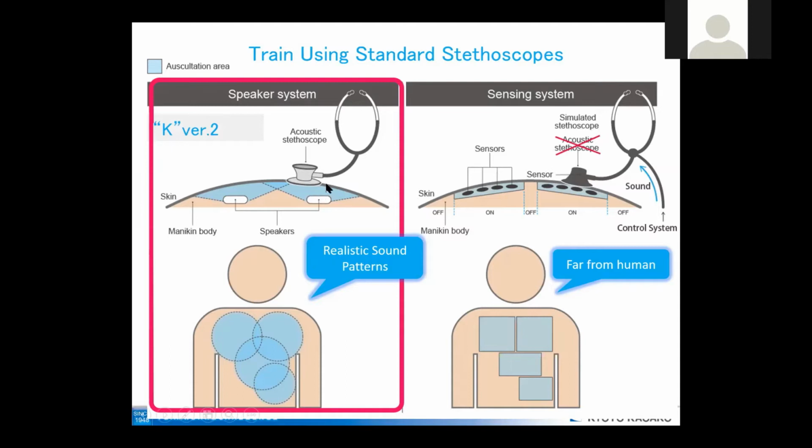If you put your stethoscope a little bit far from the auscultation area, you will get a sound, a little bit smaller, maybe degraded by the distance, but still a sound. And our model can provide that, but the others with sensors cannot.